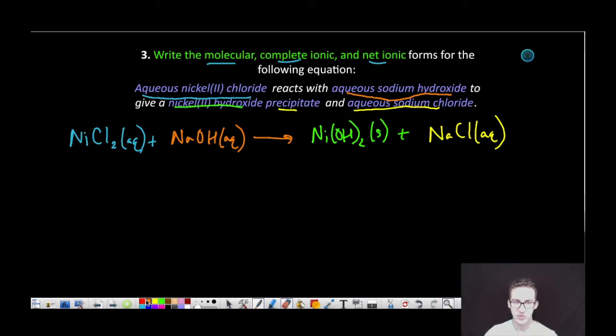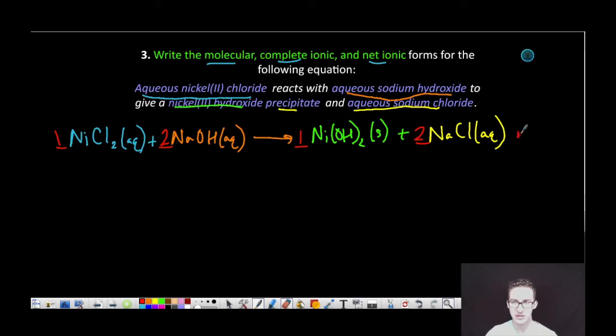Now, we do want to balance this equation before we move any further. As I take a quick look here, the first thing I notice is that I need to balance my hydroxide, so I can do that by putting a 2 here. That will unbalance my sodium, so I can put a 2 here. And in the process of balancing my sodium, I also balance my chloride. So we've got 1, 2, 1, 2 for our coefficients in this balanced chemical equation.